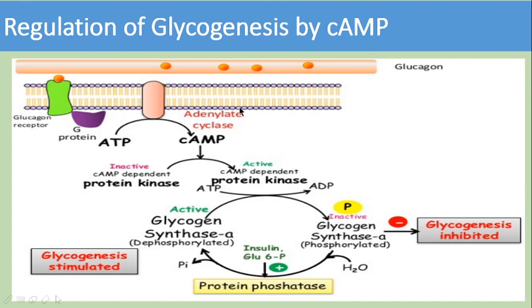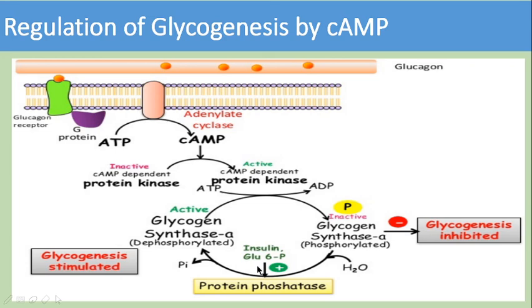In the presence of epinephrine and glucagon, cAMP will be produced in excess amount and will activate the protein kinase. The protein kinase's role is to phosphorylate glycogen synthase. The phosphorylated form of glycogen synthase is inactive, so the active form is converted into the inactive form. Glycogenesis will be inhibited in the presence of cyclic AMP.